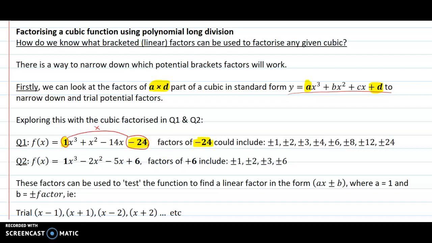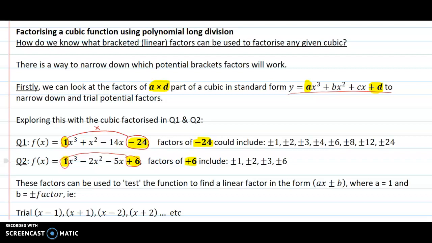If I look at the possible factors of 1 by 6, so factors of positive 6, I would have to consider things like 1 times 6, negative 1 times negative 6, 2 times 3, negative 2 times negative 3.